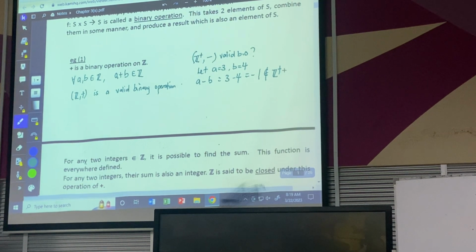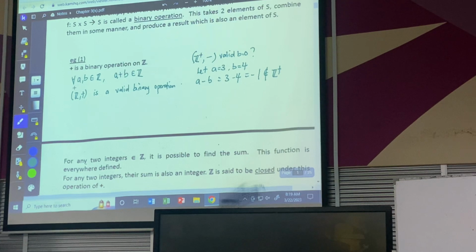Whenever it is not valid, you can use a counterexample to show it is not valid. But if it is valid, you cannot use an example to show it is valid. This concept you know, right? Because if you only show with a specific example that it is true, it doesn't mean it will be true for all.